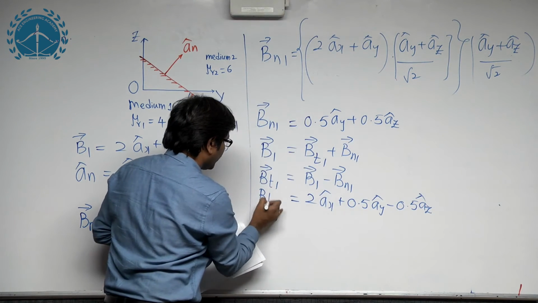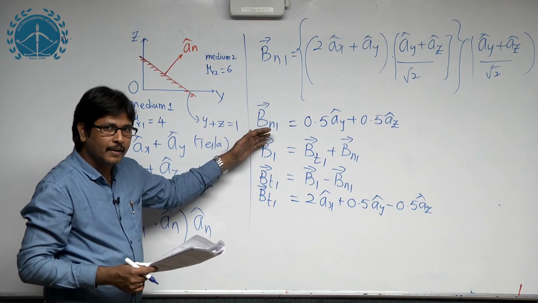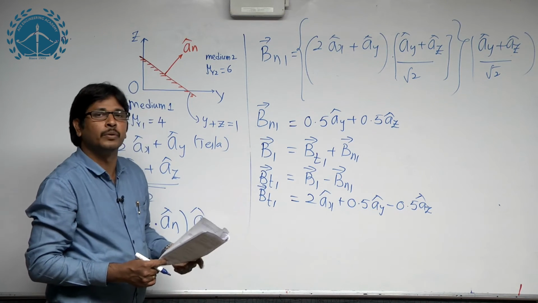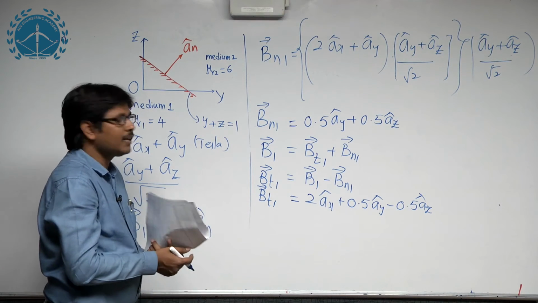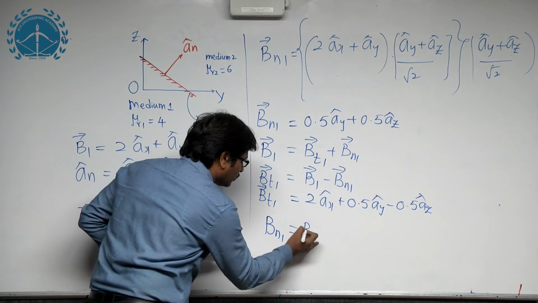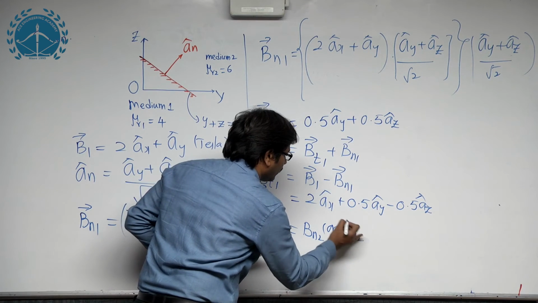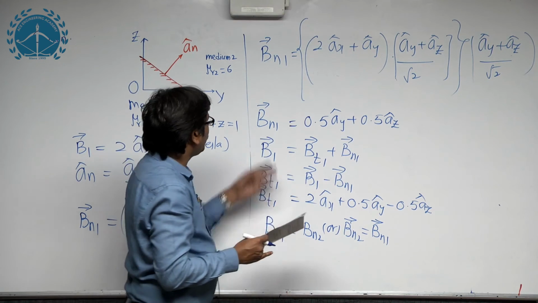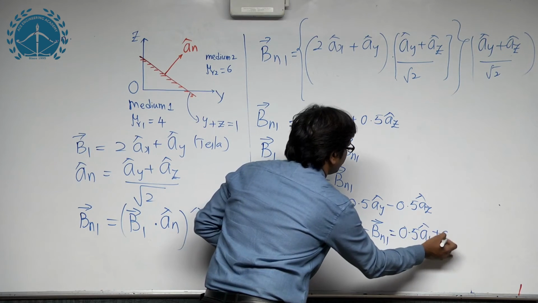Once we know this, we have to apply the boundary conditions. The first step is the identification of the tangential and normal vector components of the given data. From that we have to relate our boundary conditions and compute the required tangential and normal vector components. We know the boundary condition Bn1 is equal to Bn2, or we can write Bn2 bar is equal to Bn1 bar. We already calculated Bn1 bar, so it is equal to 0.5 Ay cap plus 0.5 Az cap.